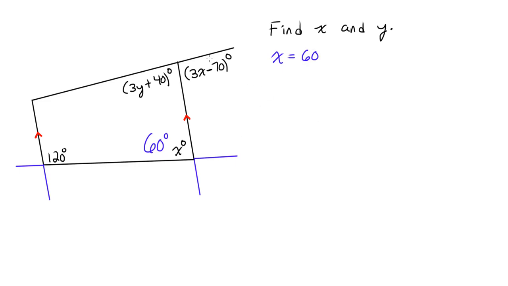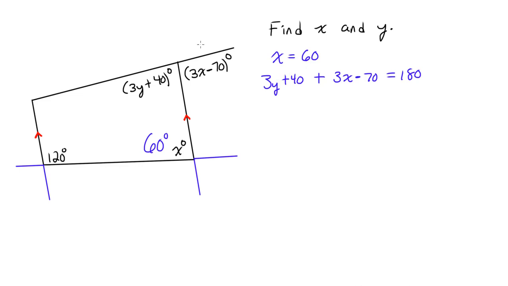Well, if I look at the top here, I can see that this angle here, 3y plus 40 degrees, and this angle here, 3x minus 70 degrees, form a linear pair, which means they are supplementary, that their sum is 180 degrees. So I can use that to write this equation here. 3y plus 40 plus 3x minus 70 equals 180 degrees.